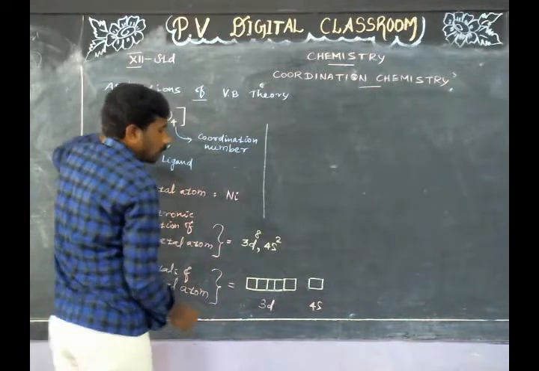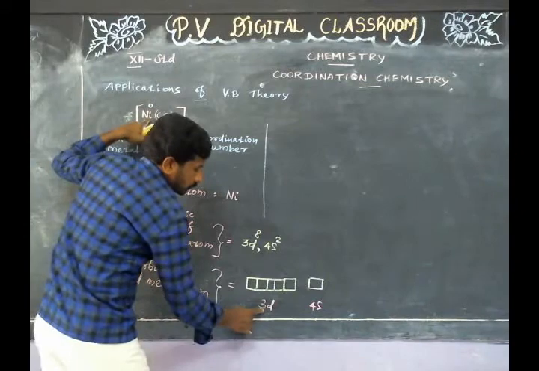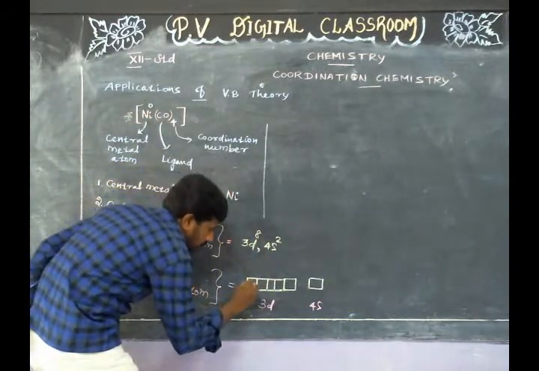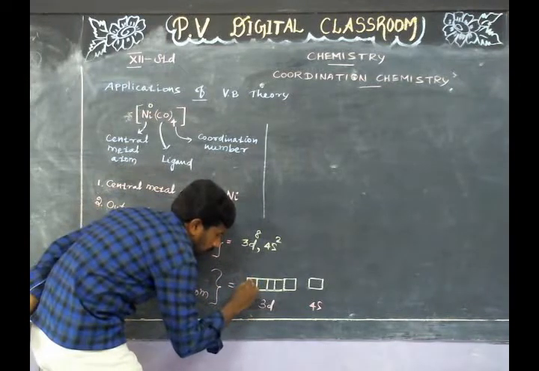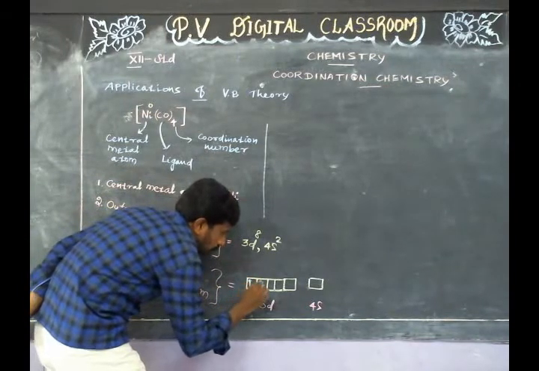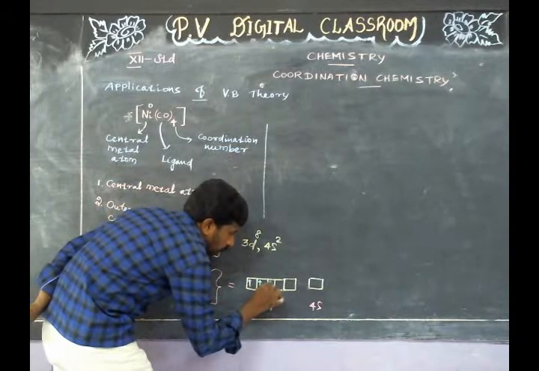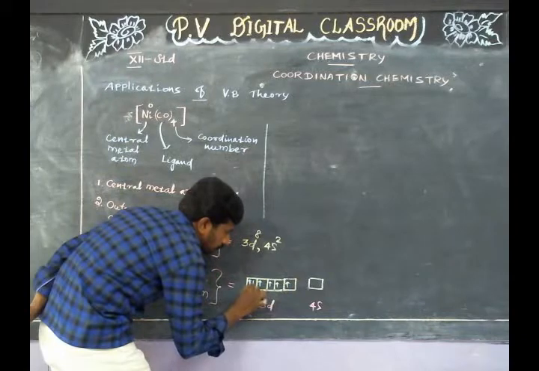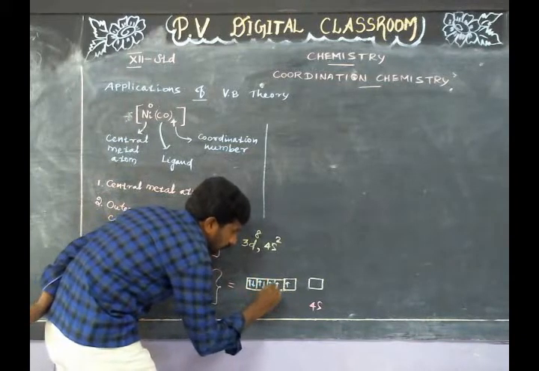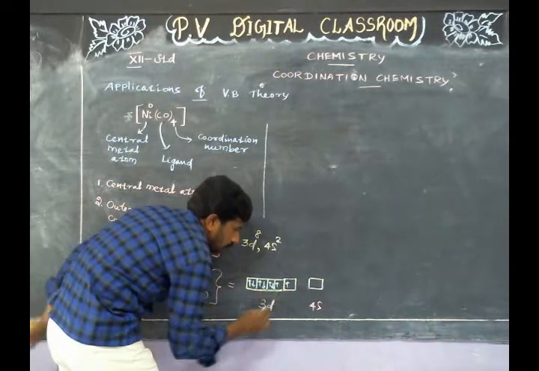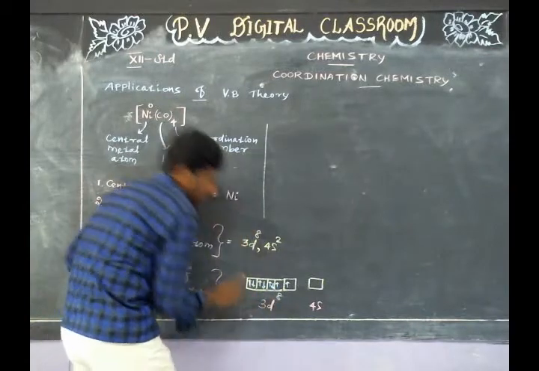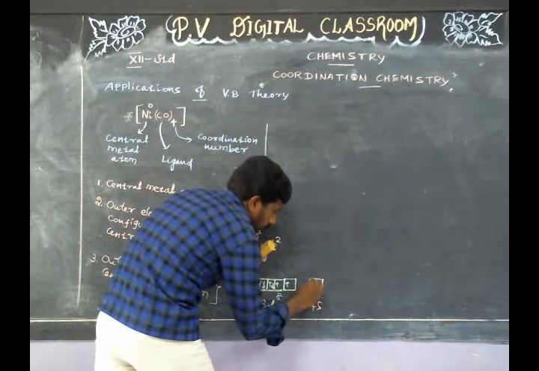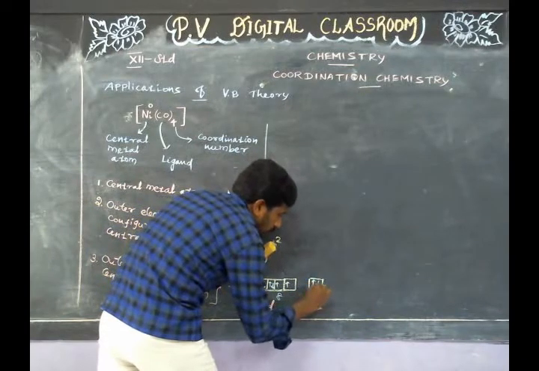In the nickel atom, the 3d orbital contains 8 electrons: 1, 2, 3, 4, 5, 6, 7, 8, and the 4s orbital contains 2 electrons: 1, 2.